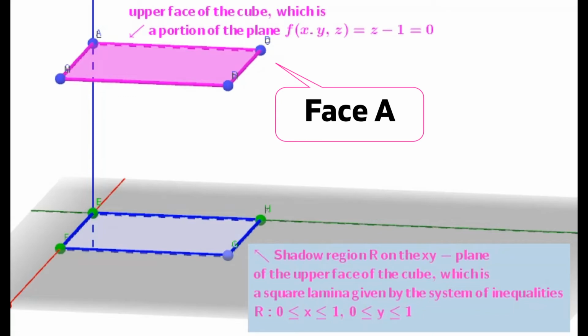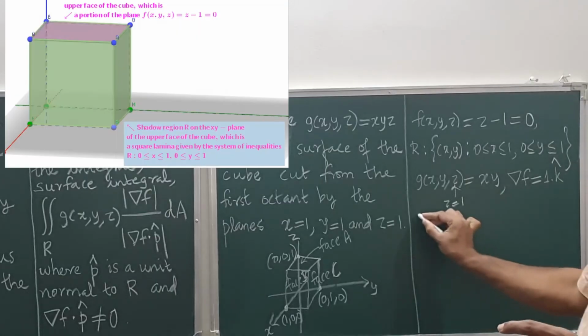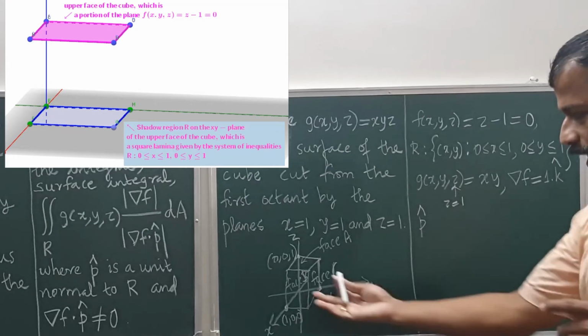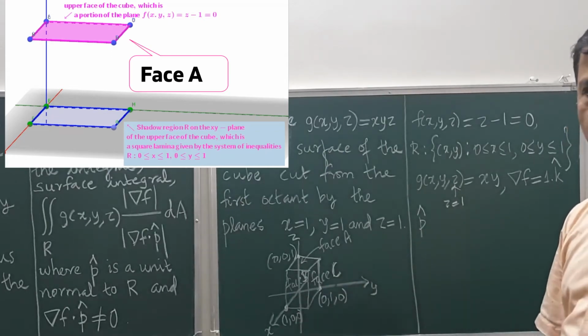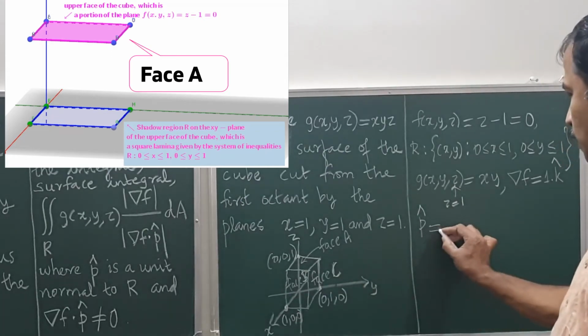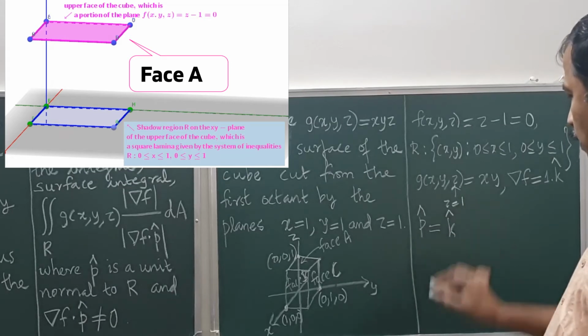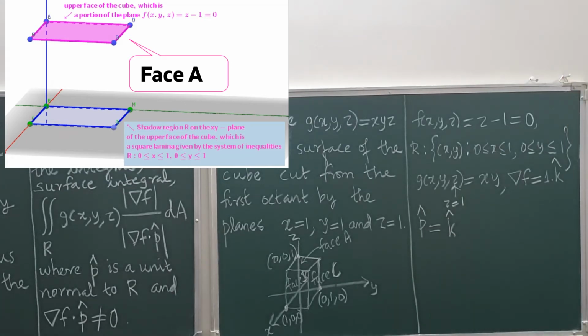So grad f is equal to k on that face. And what about our unit normal to the region capital R? Capital R is the region on the xy plane, so the unit normal vector will be k, the unit vector along the positive direction of the z axis. So grad f dot p will be k dot k, which is equal to 1.